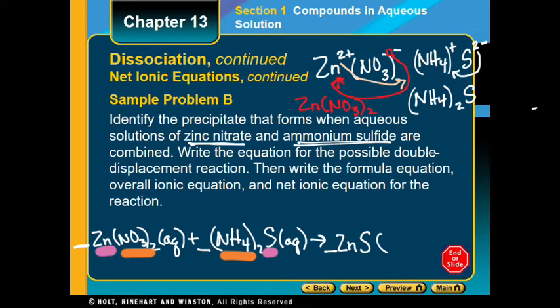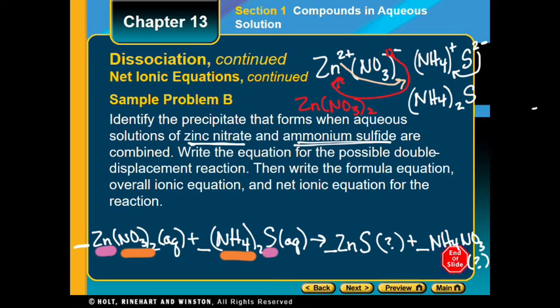You got Z and S. And then we got to figure out what's the phase. And then we have ammonium and nitrate. Well, ammonium's a 1+ charge, nitrate's a 1- charge. Those charges cancel. And we figure out what the phase is.